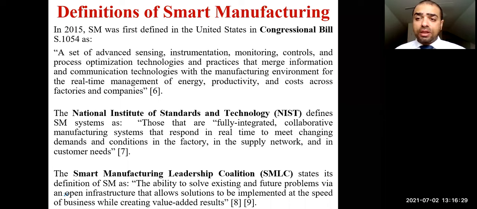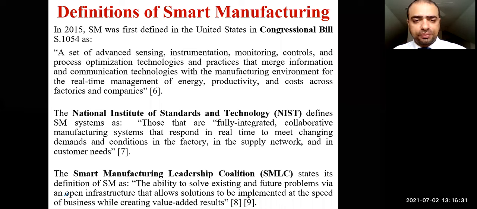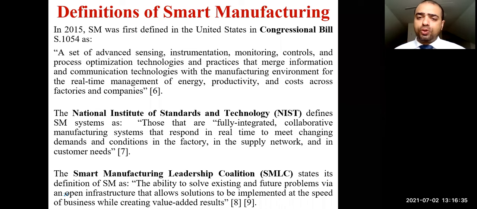The key words in this definition are that smart manufacturing includes two things: practices and technologies. That's why we have policies that govern the use of smart manufacturing in addition to technologies. These are the two things that we saw in this presentation. Now let's look at the definition by the National Institute of Standards and Technology, NIST.